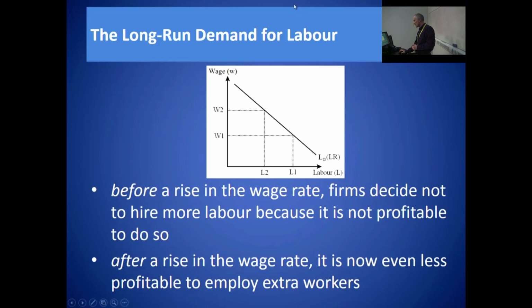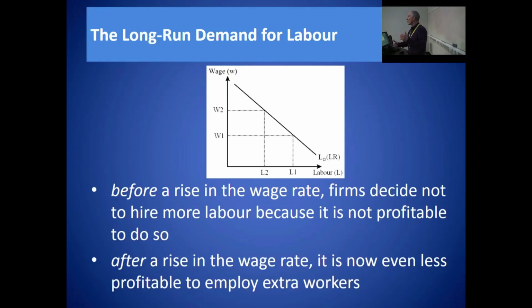And hence, our long-run factor demand schedule must slope downwards. There's no possibility of it sloping upwards in a conventional way. As we saw in the short run, the long run factor demand schedule slopes downwards. And even though I've talked about labour here, I've only used labour as an example.